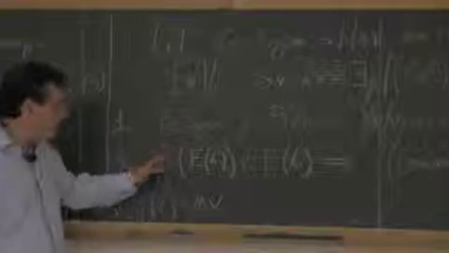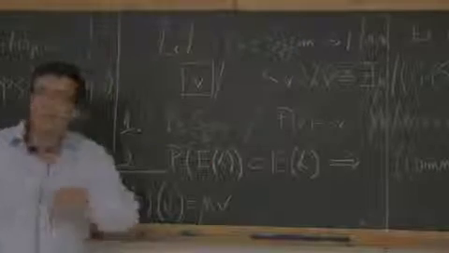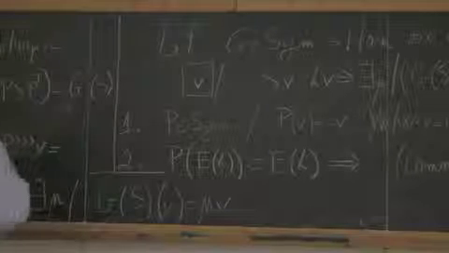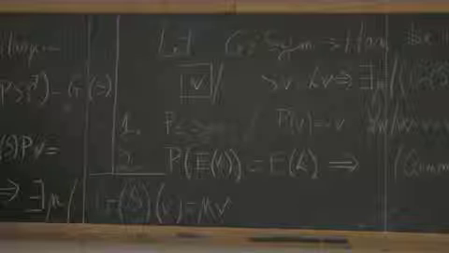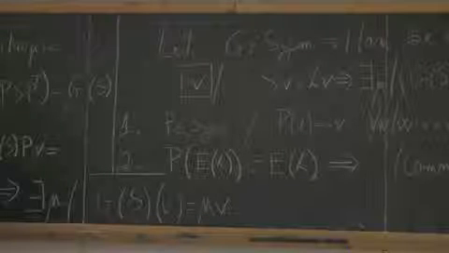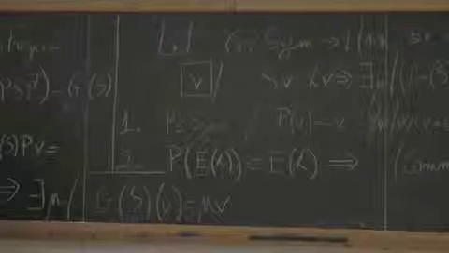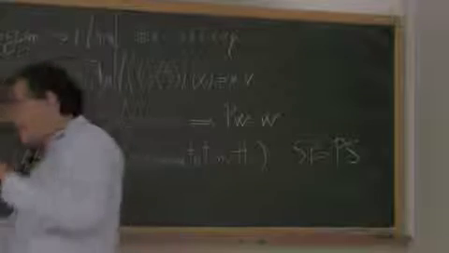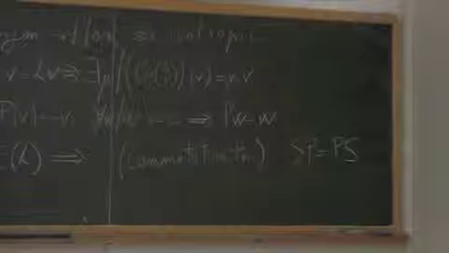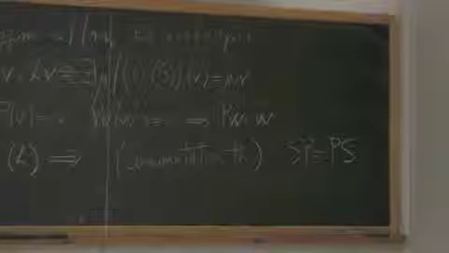If you have a symmetric linear map which is mapping a given eigenspace into itself, then this operator is commuting with the operator S, which we have at the beginning. Okay, maybe I have to underline this point.